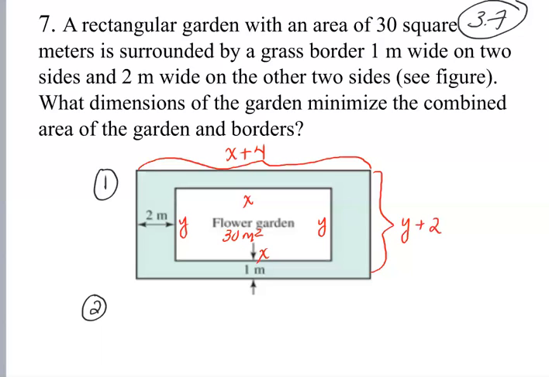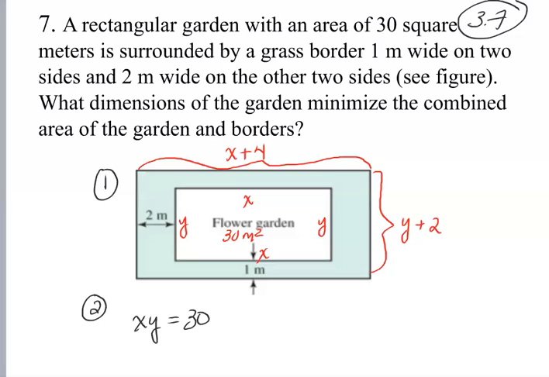Well, first of all, I know that the area of the garden is 30 meters squared. So area is length times width, so X times Y is always equal to 30. I know that is true. So I might call that my constraint.